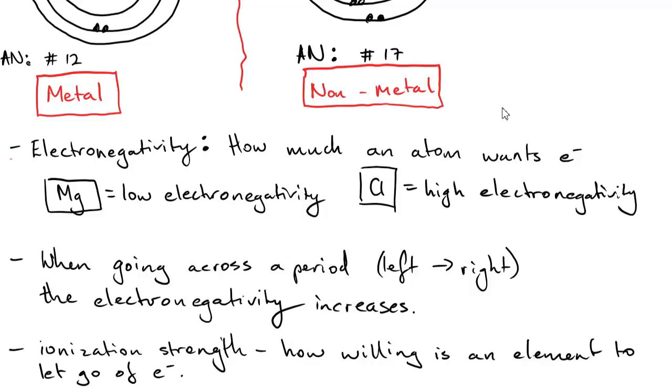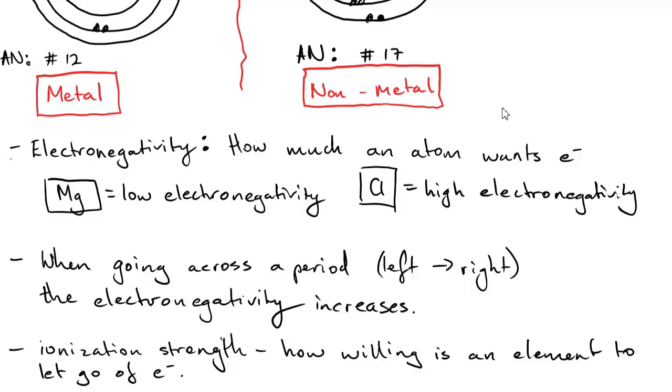Okay, so straight away you can see it's kind of the opposite of electronegativity. Ionization strength is related to the willingness of an element to let go of electrons.